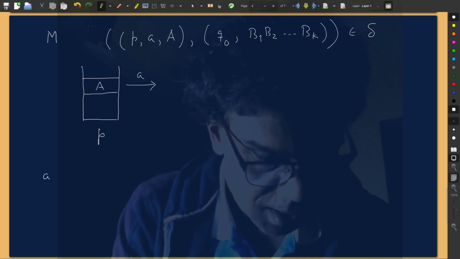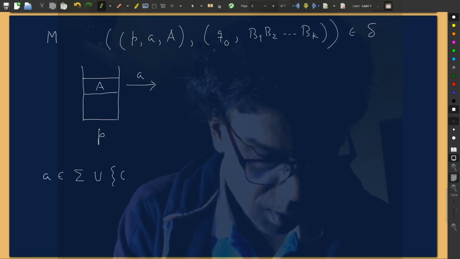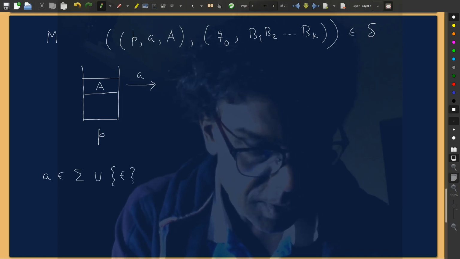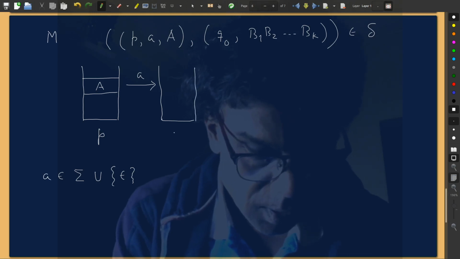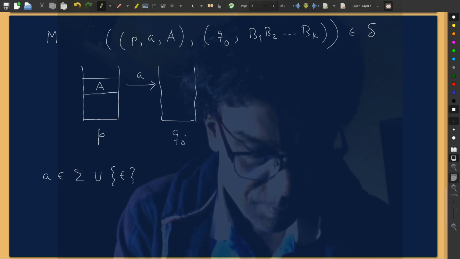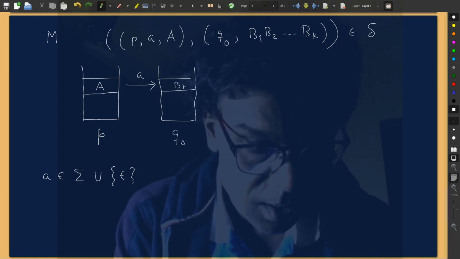Then it goes to state Q0, and this is replaced by Bk, Bk minus 1, and so on, up to B1.